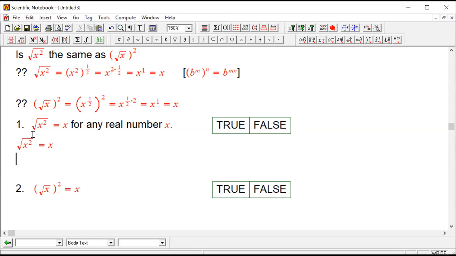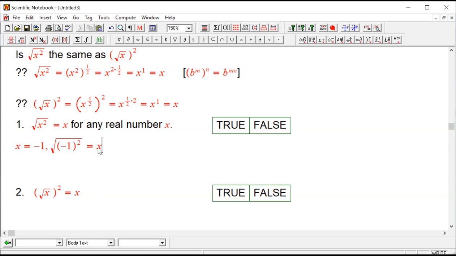So I can give you an example because this statement says for any real number it's true, right? So the number I choose is going to be x equals -1. So I'm going to replace x by -1 in the parentheses, and this is a -1, right? Is that true?